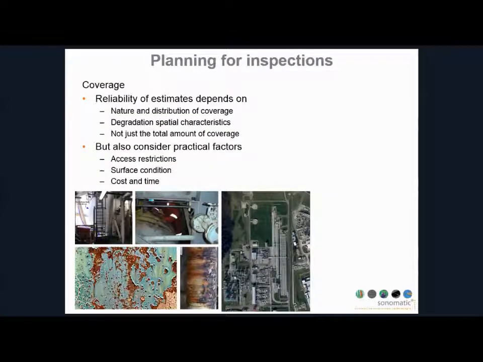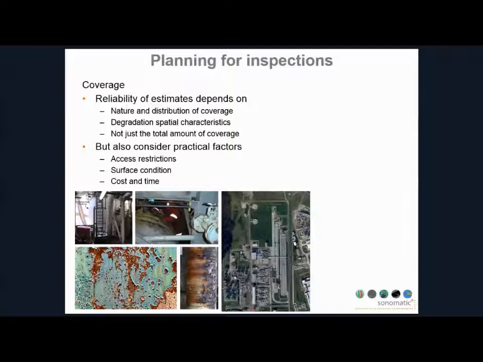A key issue in planning for inspections is coverage. The reliability of your estimates depends on the nature and distribution of coverage, and also on the degradation's spatial characteristics, which we've looked at to some extent already, so things like density and homogeneity. So it's important to emphasize again that it's not the total amount of coverage that dictates how reliable your estimates are going to be.